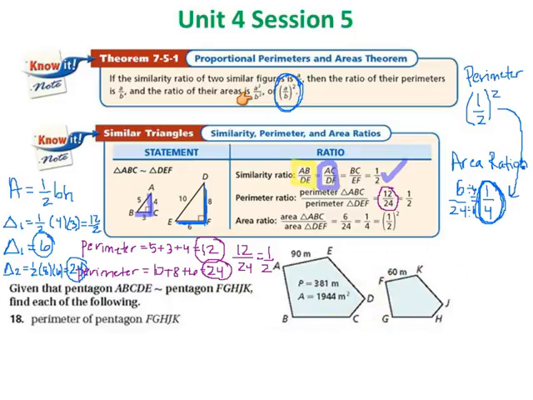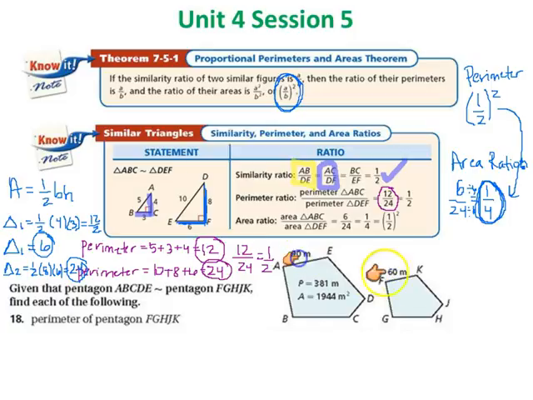Find the perimeter of the pentagon FGHJK. Here we know the perimeter of this pentagon. If these two are similar, can we find the perimeter of this pentagon right here? And we know this side length, and we know this side length.